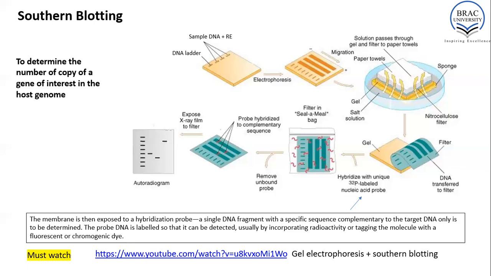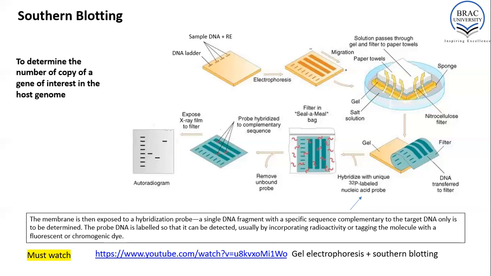If there is just 1 copy, you might get just 1 band or 2 bands. But if you have more than 1 copy, then definitely you will get multiple bands, maybe 3 or 4 bands. So from that information, you can tell how many copies are actually integrated into the genome.